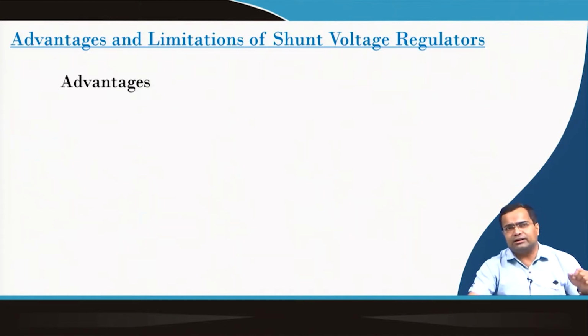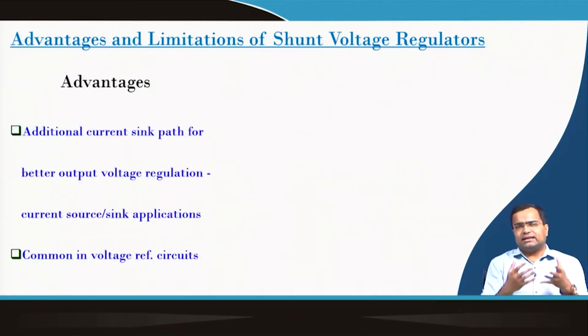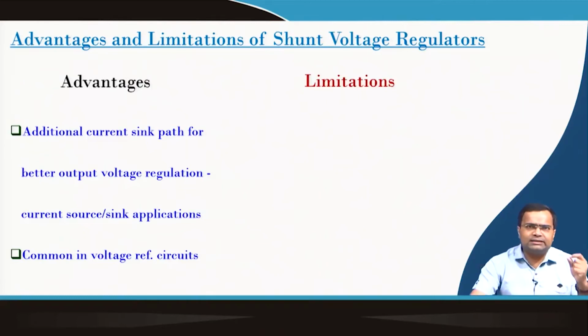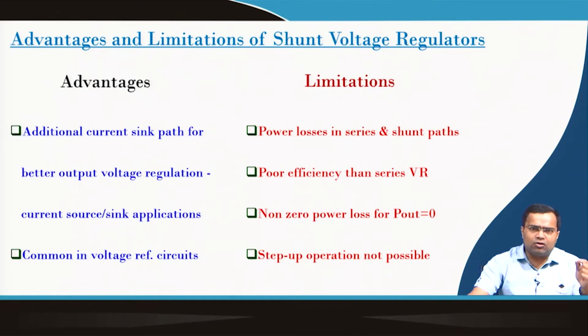So, a shunt regulator, since it has an additional current sink path, can offer better output voltage regulation, and these are common in voltage reference circuits, but not always using a Zener diode. They can use a transistor as a control current source. But as I said, its losses are more, or the efficiency is lower than the series voltage regulator.